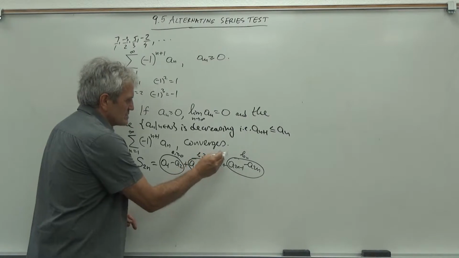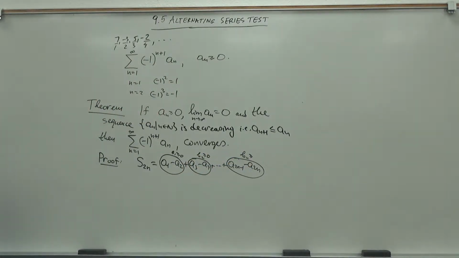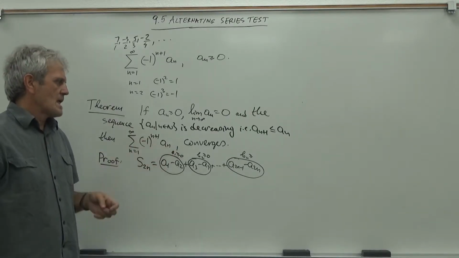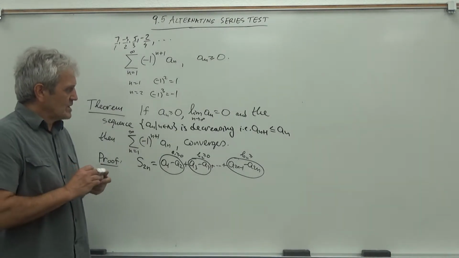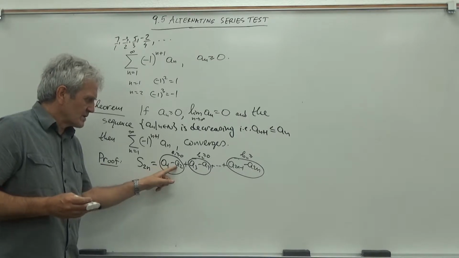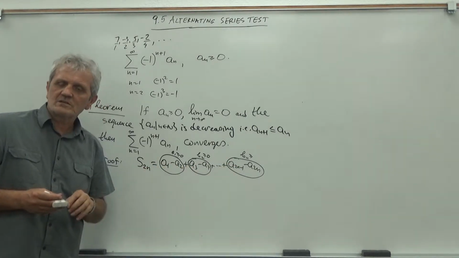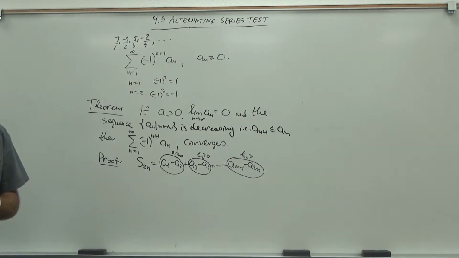Why? Here is where it's crucial that we have a decreasing sequence. So a_1 is greater than or equal to a_2, so the difference is non-negative. The same thing here, the same thing here. So they are all non-negative. Now I can apply our knowledge from before. So what happens then?